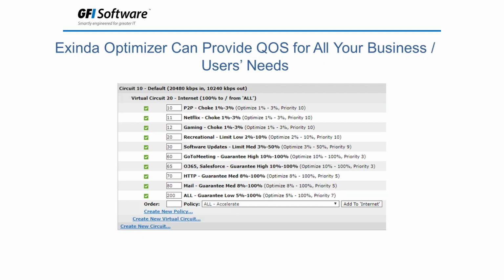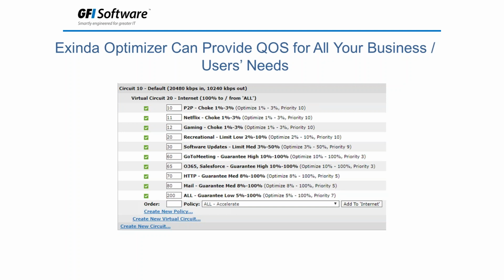It could also be a range of IPs. So it could be an entire network, or it could be just a list. It could be a set of users that you wanted to create this virtual circuit for. Now, in this example, the virtual circuit is for all traffic, all IPs, all hosts on this internet connection.